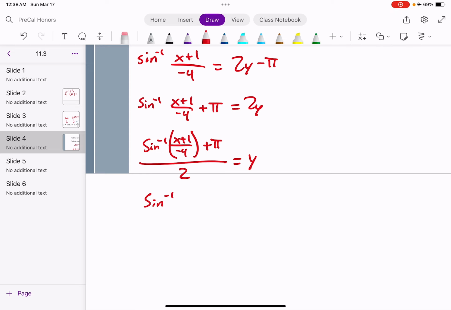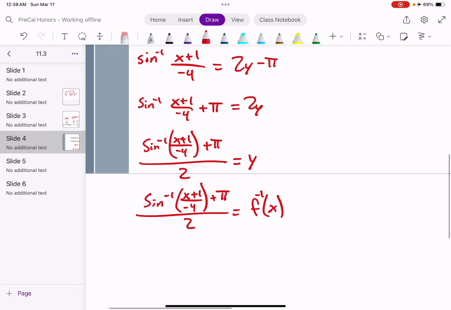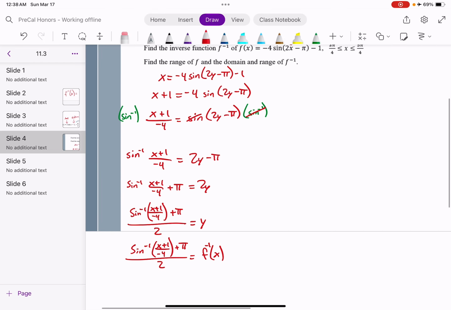Keep in mind, proper notation is important, and you will have to switch out the y for f inverse of x. This helps to show that this is the inverse of that original equation.